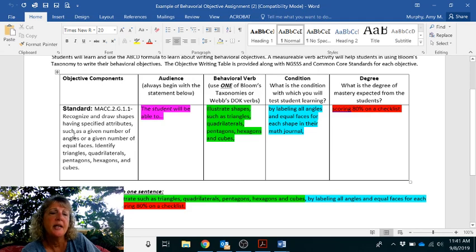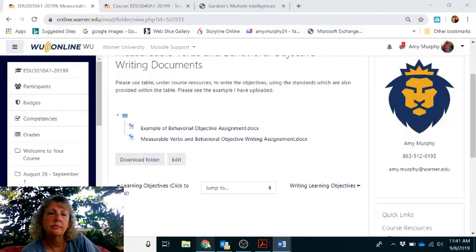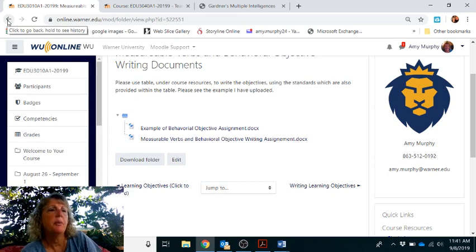So pay attention to the standard, because in the objective you have to restate what's expected for that specific standard, not in general, but for this specific standard. So that was a little issue with the behavioral verbs assignment. Hopefully we'll do a little bit better this week when we are writing the objectives for the Lorax unit.